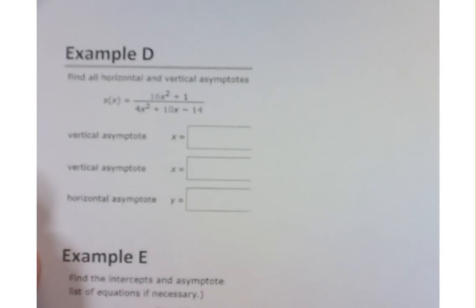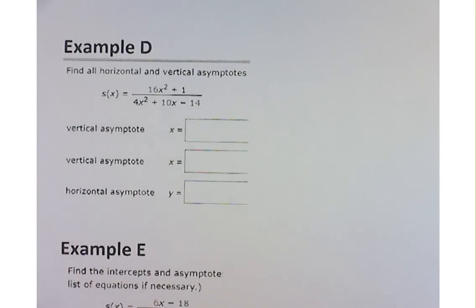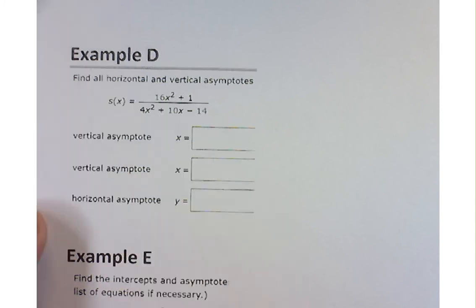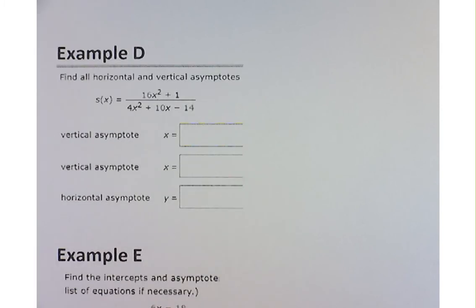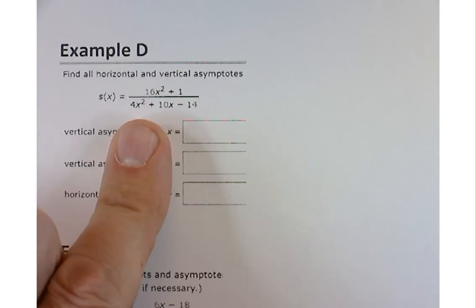That would bring us to example D. So this is kind of a nice one because it's a little bit of a review of what we just have covered. They ask you to find the vertical asymptotes and the horizontal asymptote. So a couple nice quick hitter type problems for us here. Let's start with, what do you want to start with?